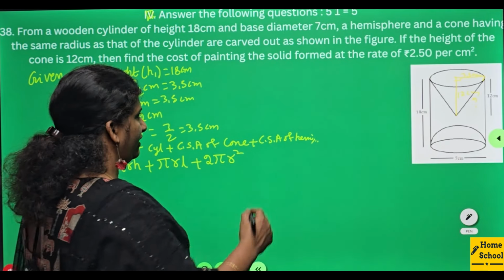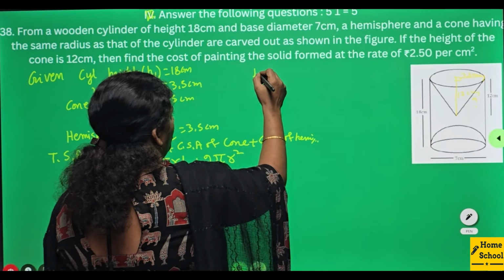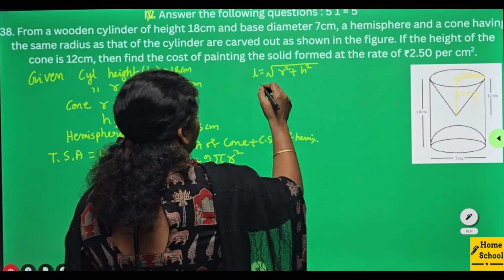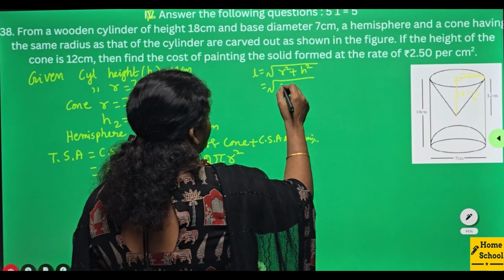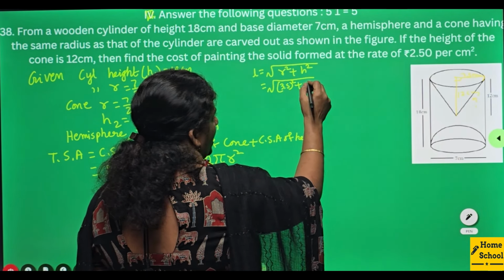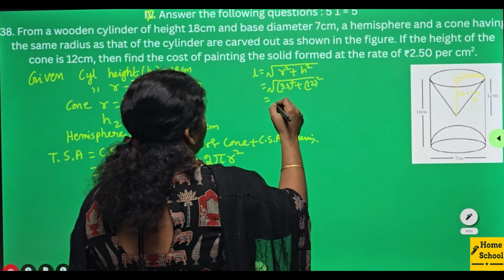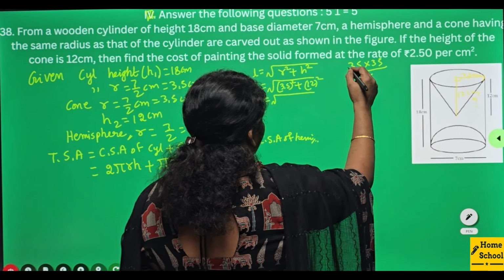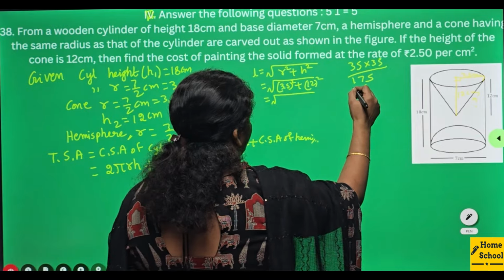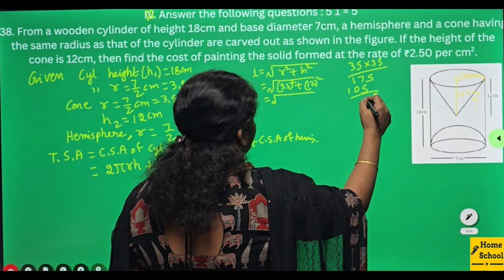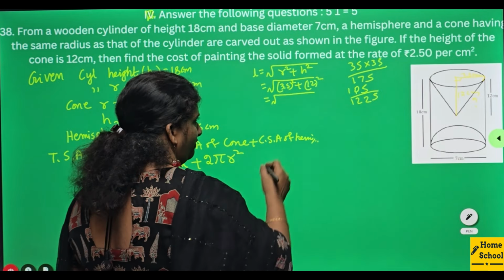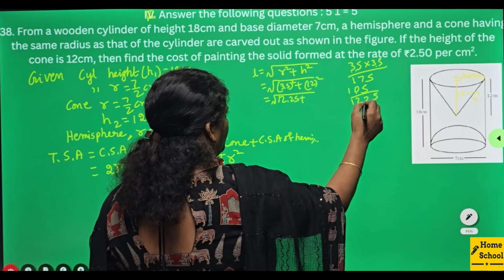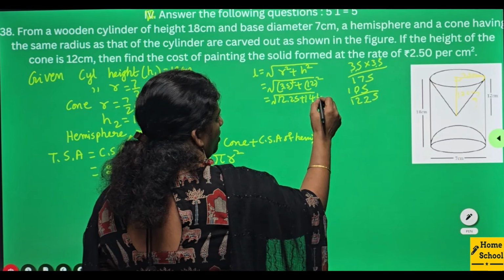In cone, we know the formula L is equal to square root of R square plus H square, that is equal to 3.5 whole square plus 12 whole square. 3.5 whole square: 35 times 35 is 1225, so 3.5 times 3.5 is 12.25. Plus 12 twelves are 144.